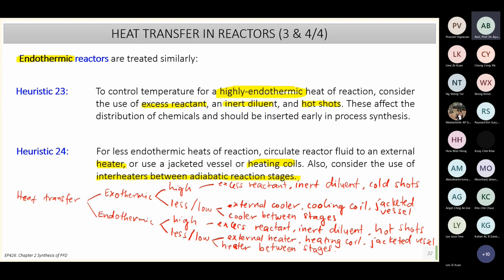Okay, for the high case, both exo and endo, you should include those alternatives before the process, early in the process synthesis.